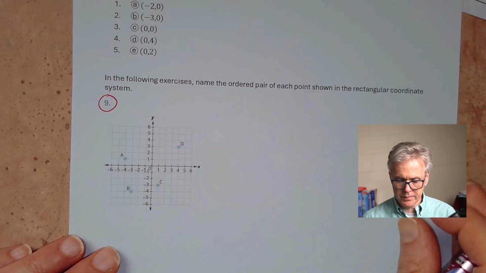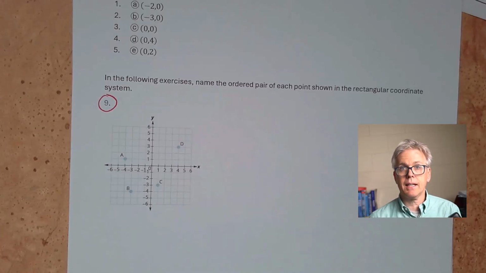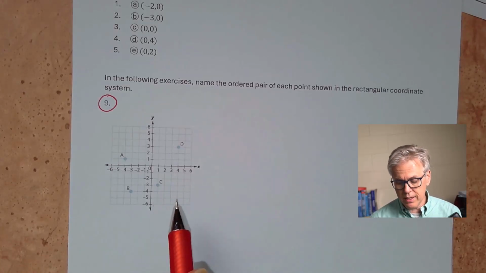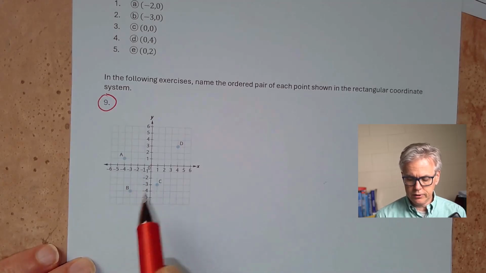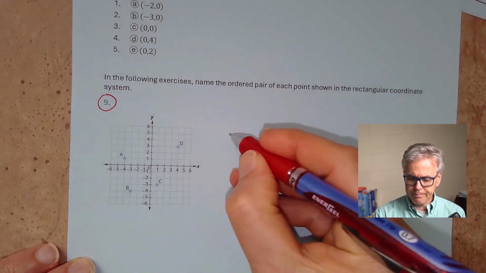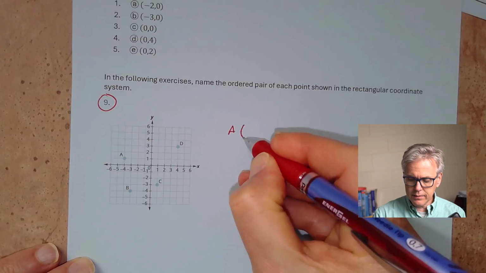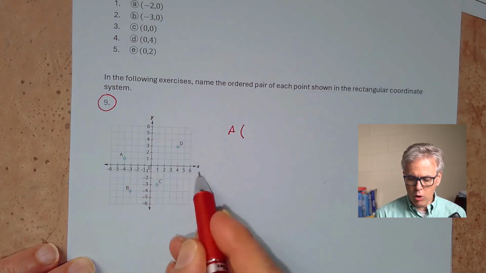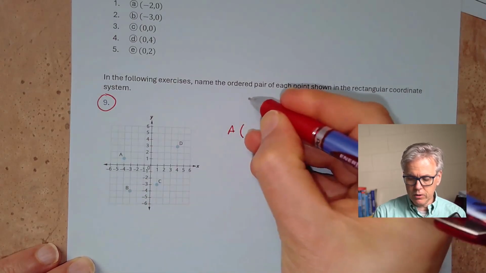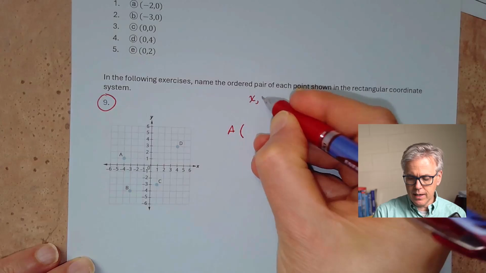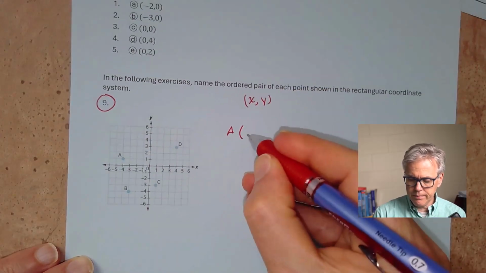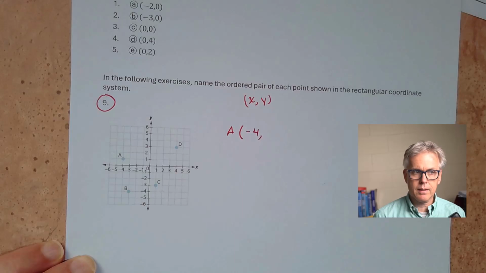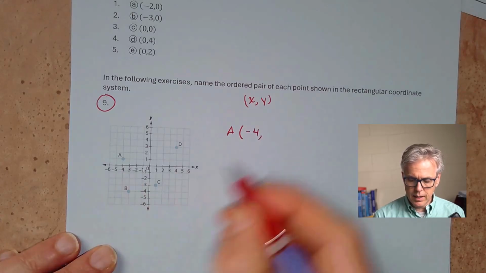Now, number 9 on the homework. Here, we're kind of given the opposite. Now I'm giving you the grid, and you need to be able to write the points as ordered pairs. So let's just do these in order. Here's A. So point A is going to be what? It's always the x coordinate first. So again, recall, it's always x comma y every time. So it's going to be -4, comma, up 1.